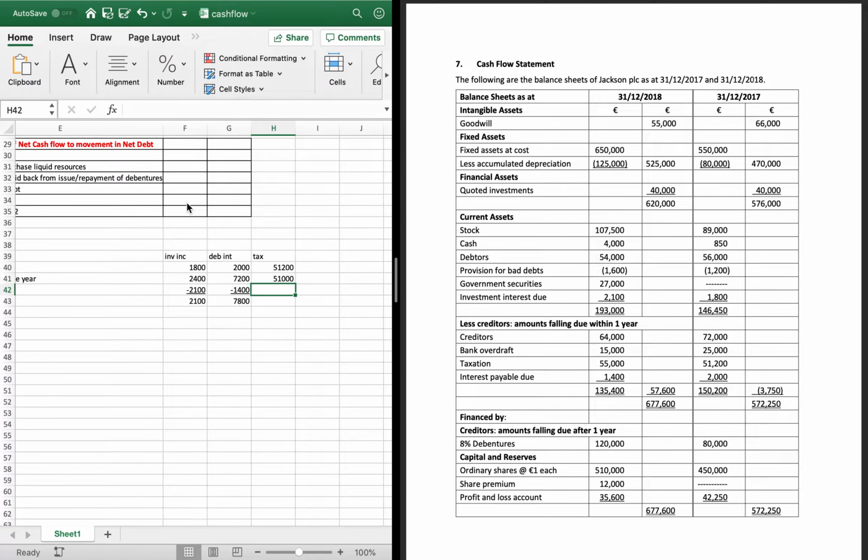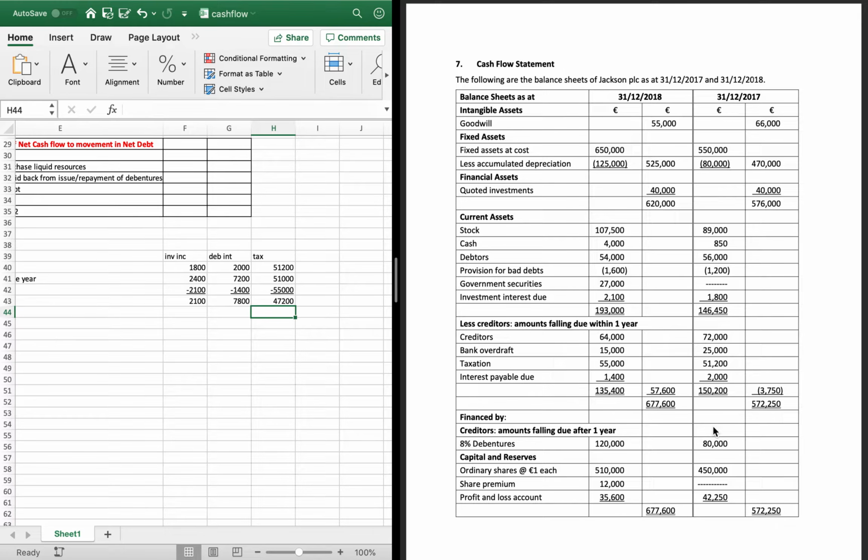And that'll bring you up to 102,200. But at the end of the year, you still owe 55,000. So you take that away, and that will give you 47,200. And that gives us the amount we've paid.